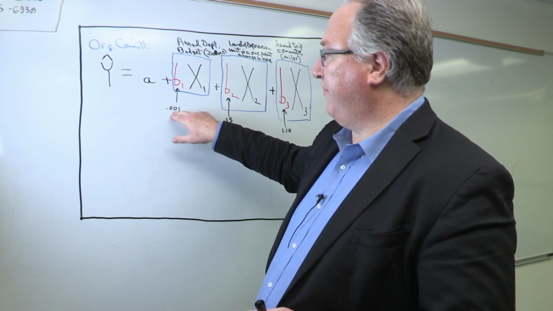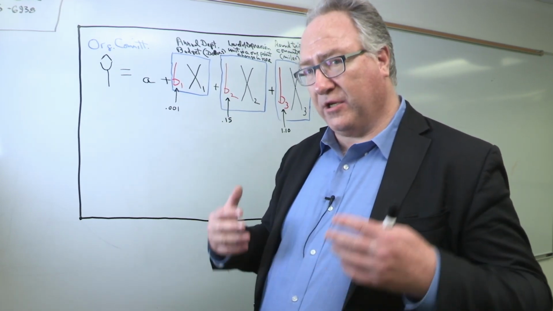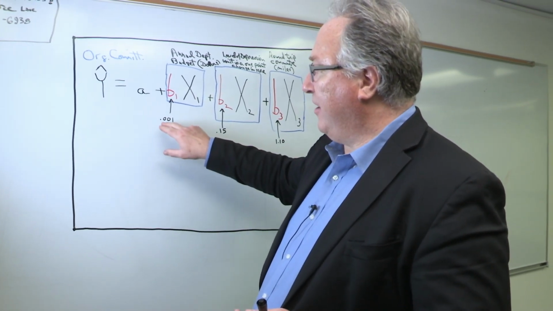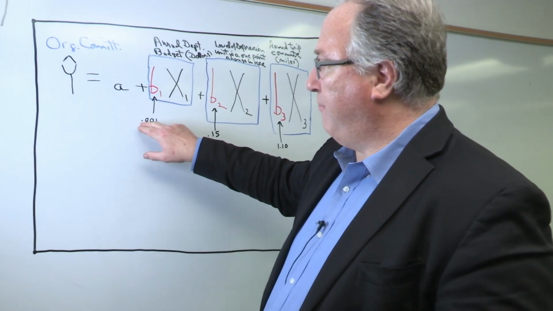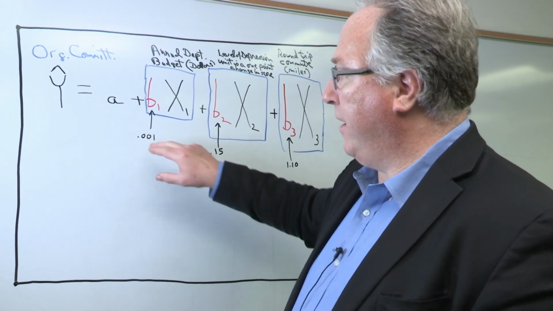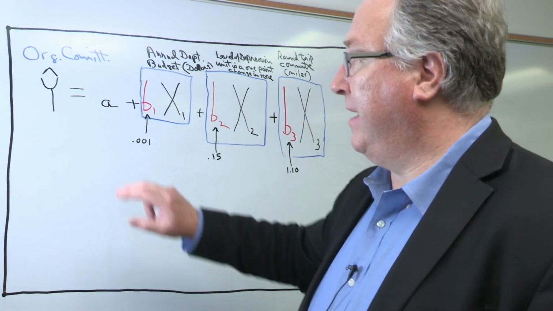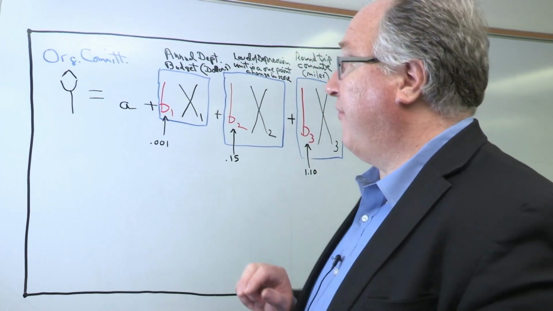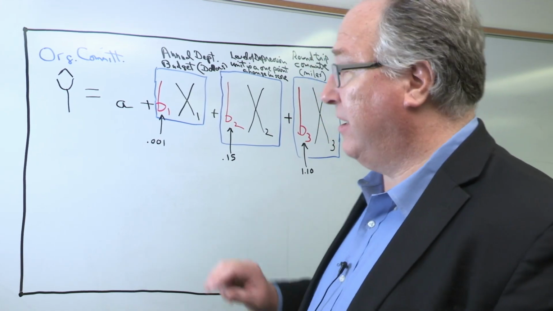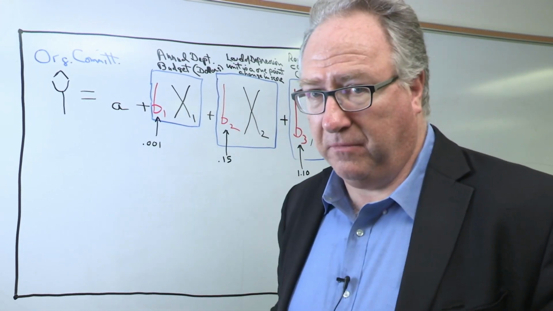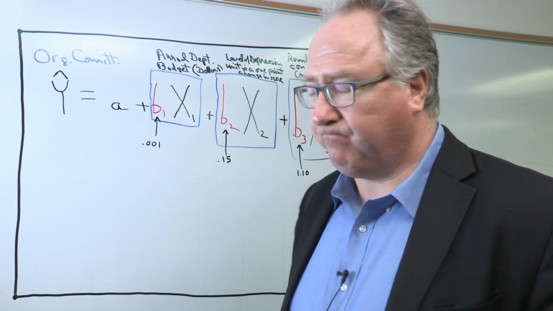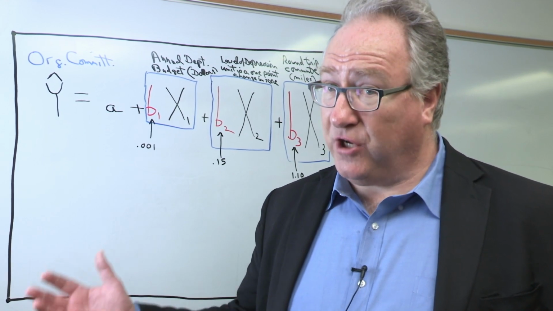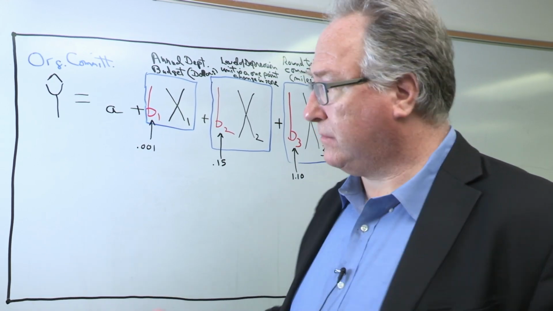This is an unstandardized regression coefficient value, and what it is saying is that there is a change of 0.001 unit in the outcome variable for every 1 unit of change in the predictor variable. Again, always in reference to the outcome variable, the amount of change on the outcome variable.